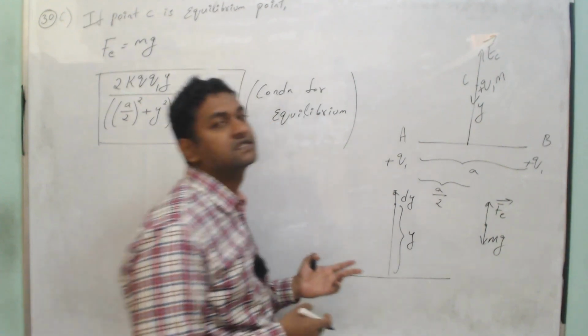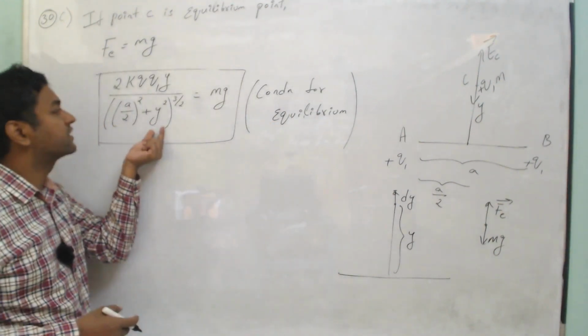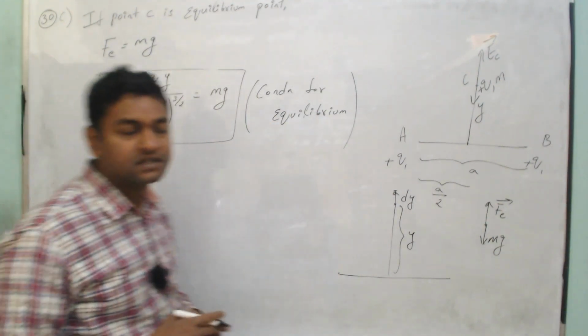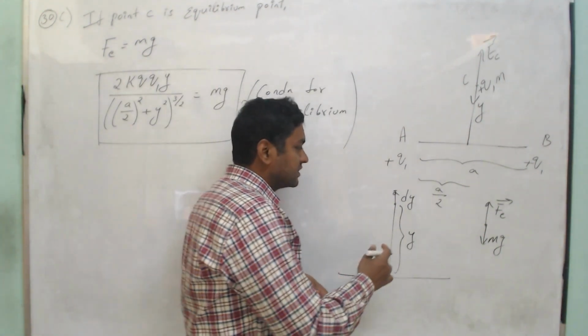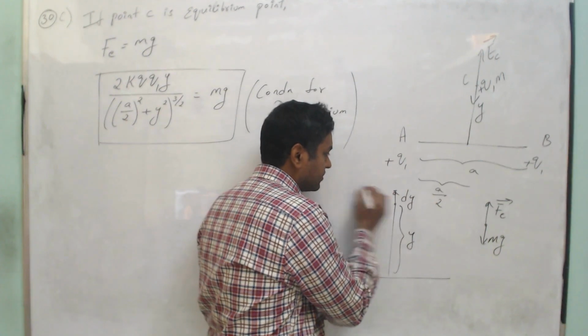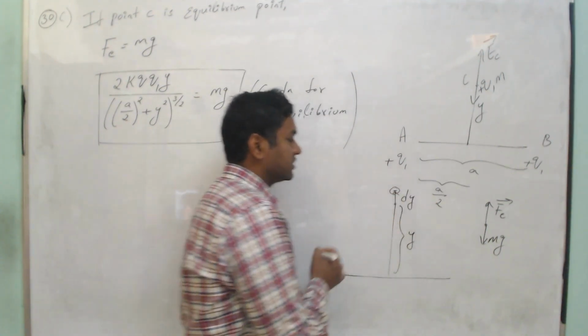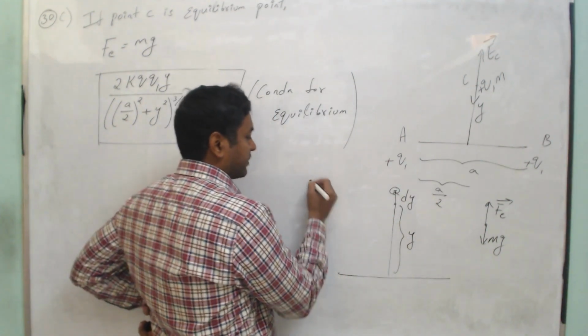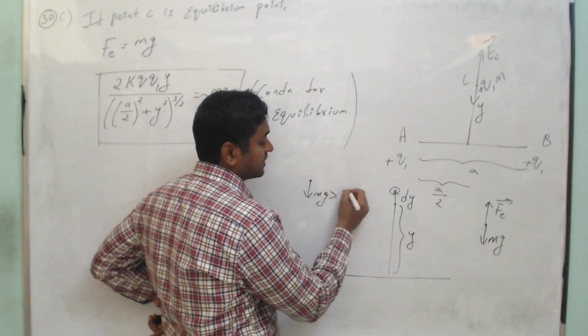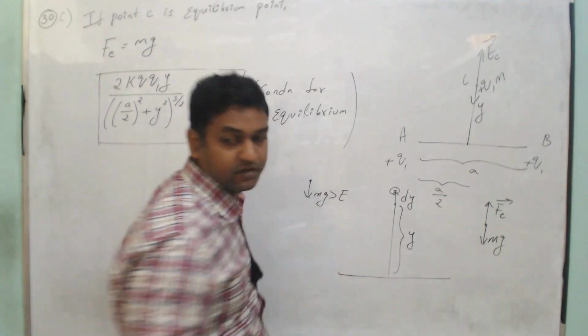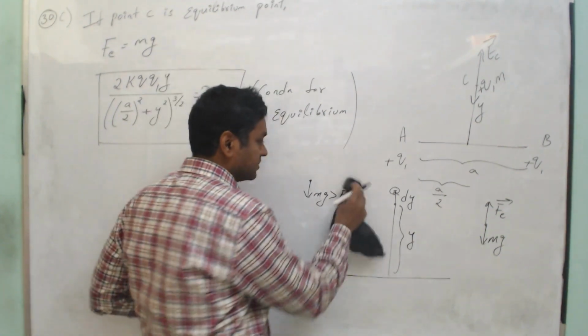Because the distance is increasing, the electrostatic force will decrease. Correct? That means at this particular position, Y plus delta y, I will have mg which is greater than my new electrostatic force Fe dash.